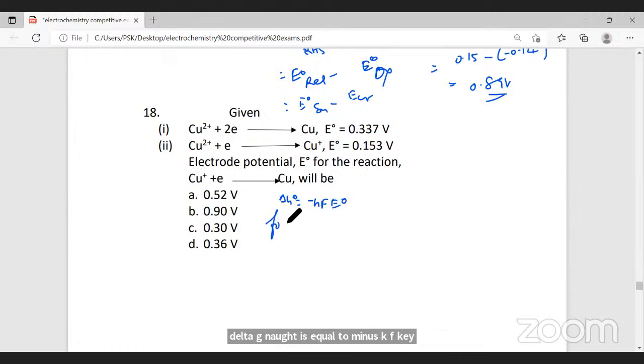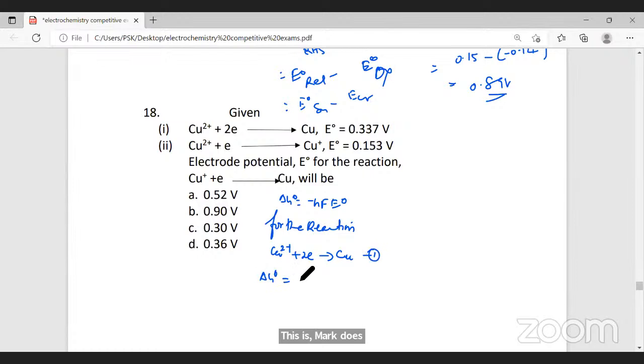For the reaction Cu2+ plus 2 electrons giving you Cu, marked as equation 1, delta G naught will be minus 2 into F into E naught, which is 0.337 volt.